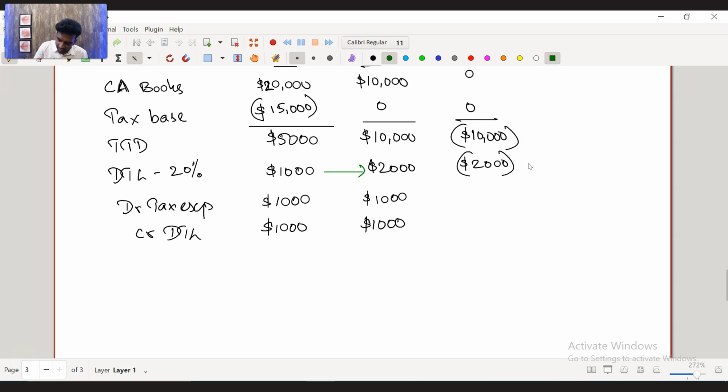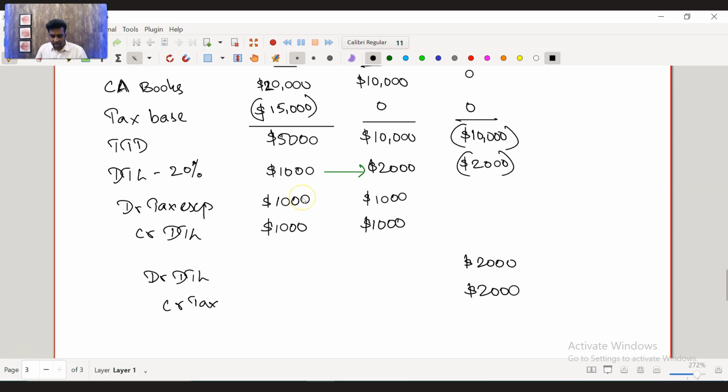In the third year the entry is opposite. In the third year your entry will be debit deferred tax liability of 2,000 and credit tax expense. You will remove the entire amount. This is how the entry will look.